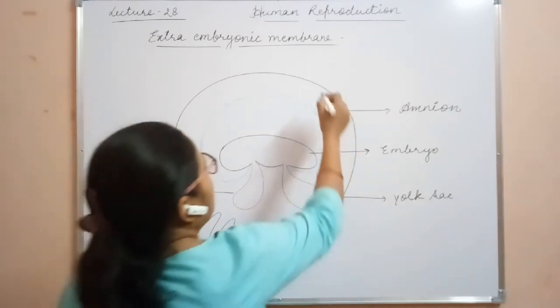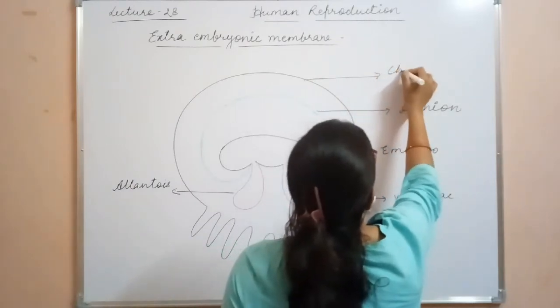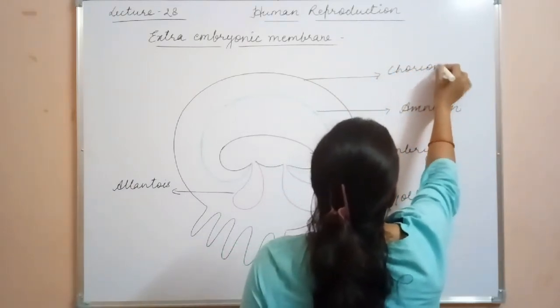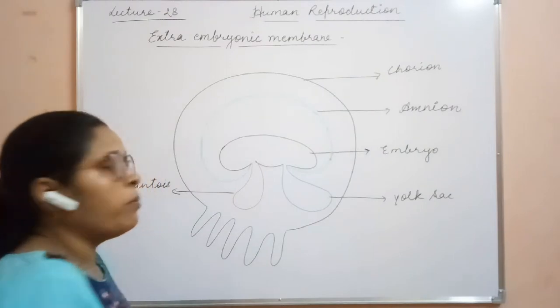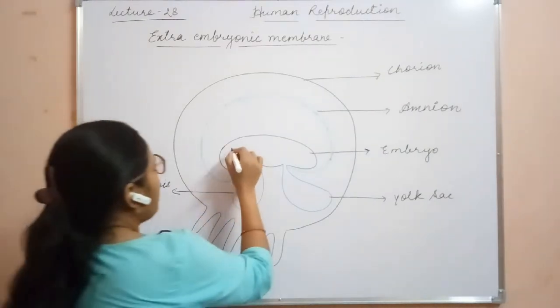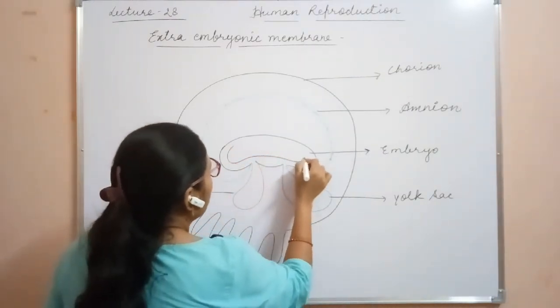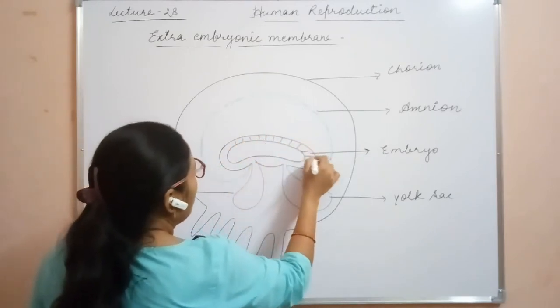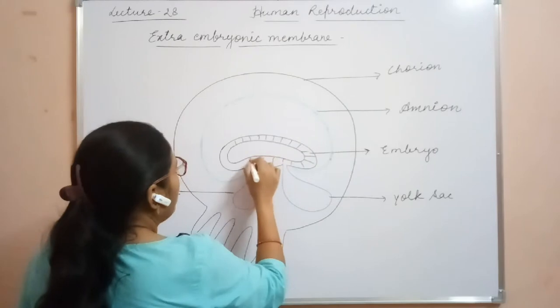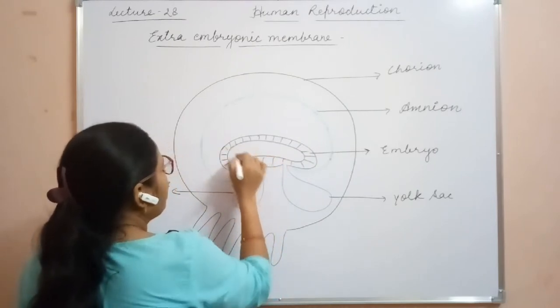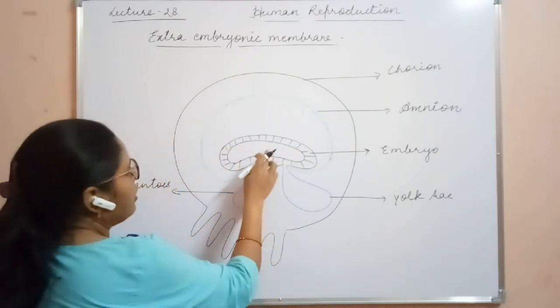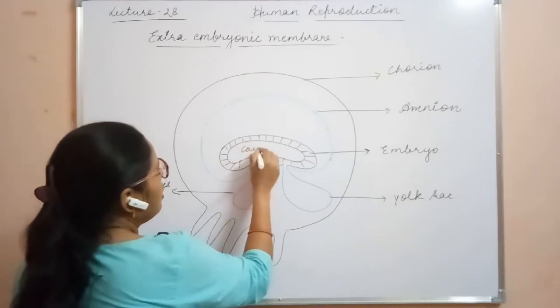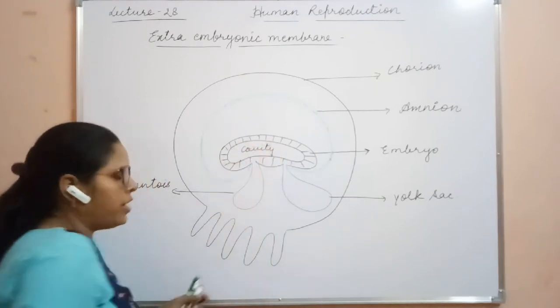This membrane is the chorion. This is the embryo, and the inner one is the embryonal cavity.